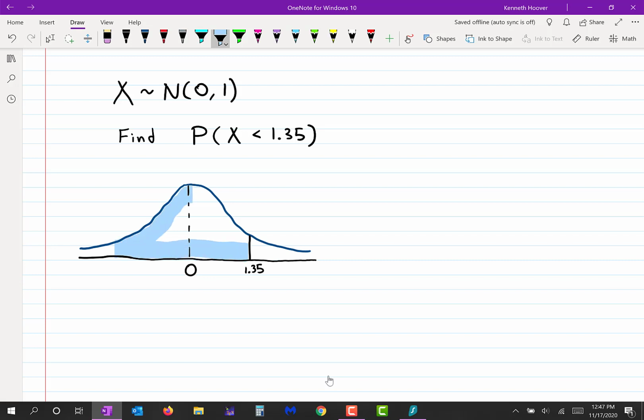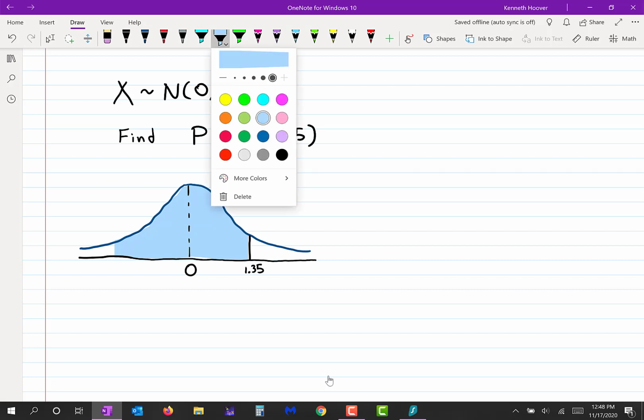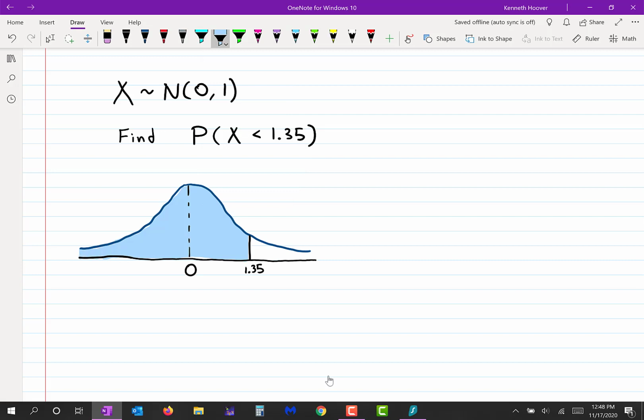And just a few minutes ago, I promised you that you would not have to calculate this area because it's already been calculated for you. All I need to show you is where to find it. You understand that that's what we're going to try to find though, right? Is that area. So where are we going to find that area?